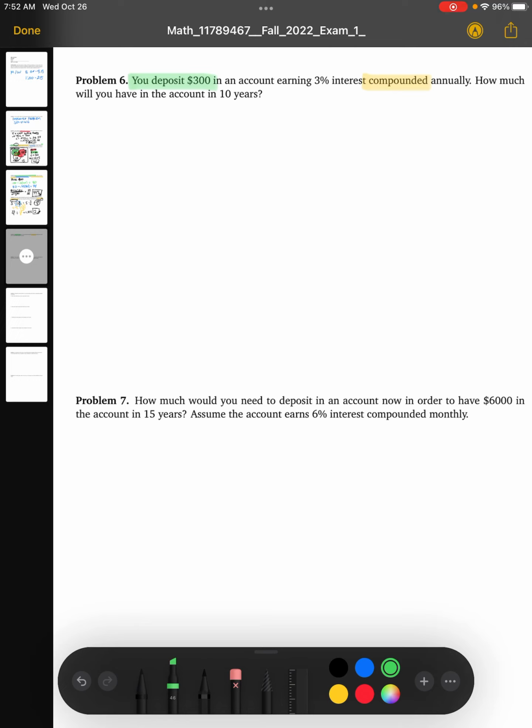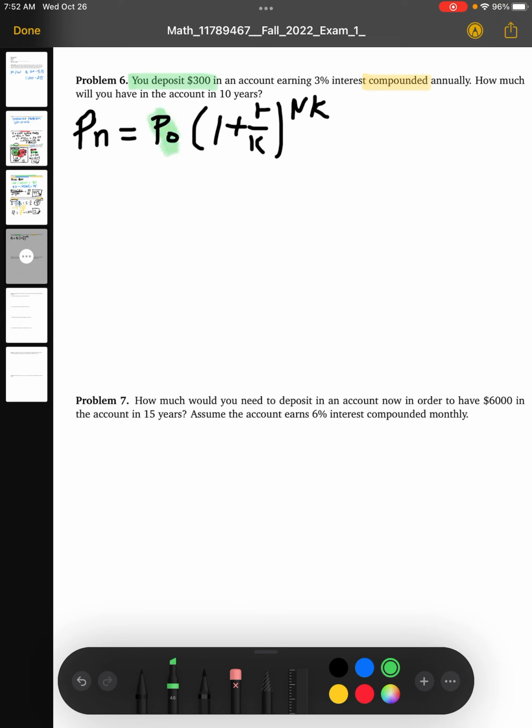So I know then that the formula I'm going to use here is Pn equals P0 times (1 plus r over k) to the n times k. And then let's go ahead and fill in our different numbers here. What is that $300 deposit that we have in green?